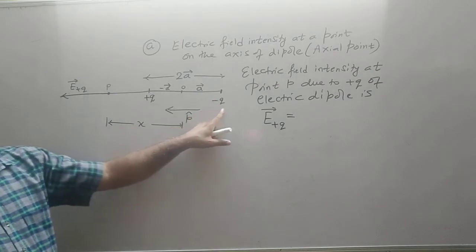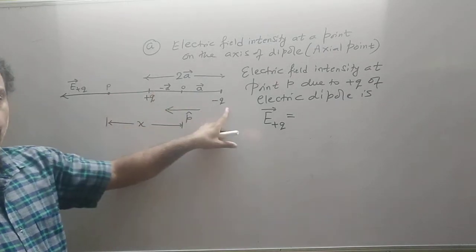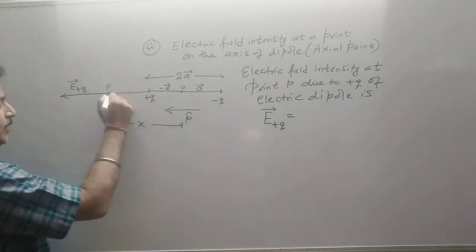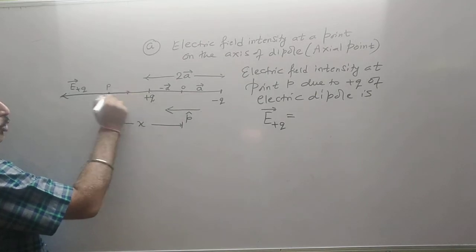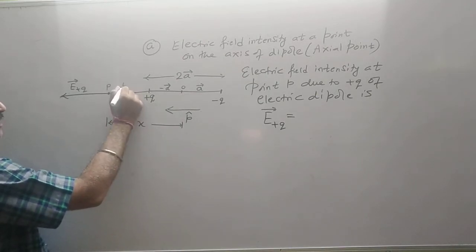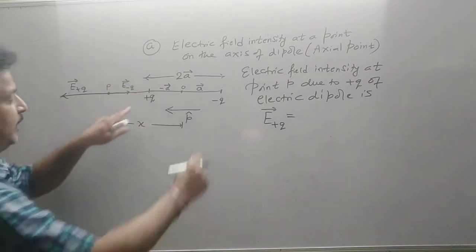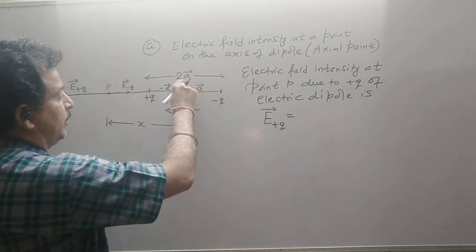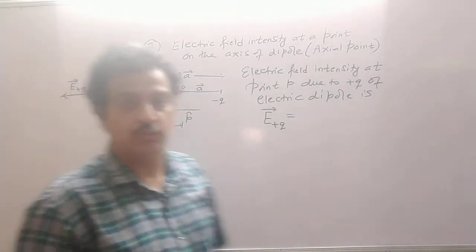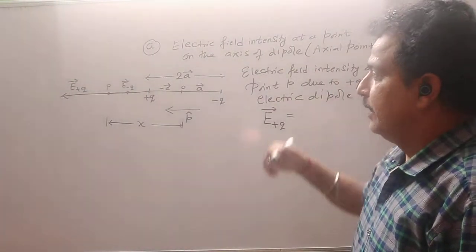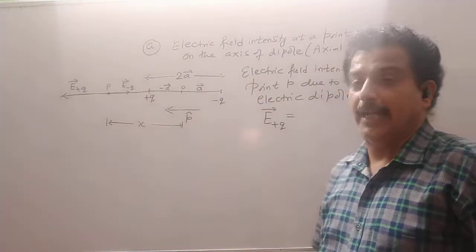Now for the electric field intensity at point P due to the minus q charge, the test charge will be attracted. I draw a small length because attraction will be less as compared to repulsion. Also remember the distance between the dipole, this 2a, is very small. If the limit of 2a tends to 0, meaning the distance is extremely small, then the electric dipole is referred to as a point dipole.